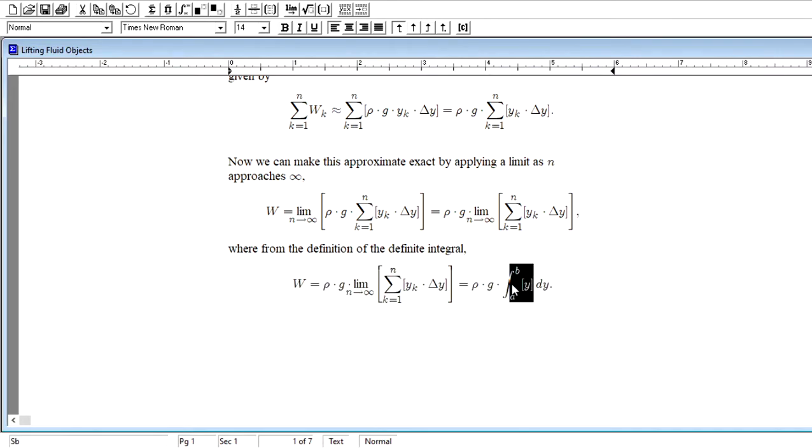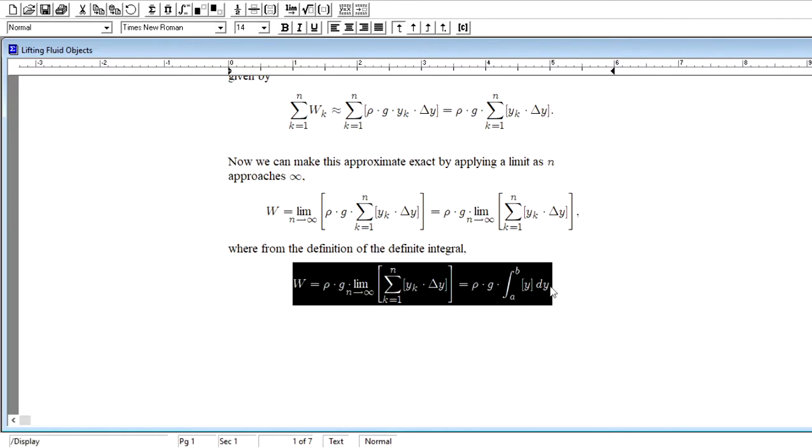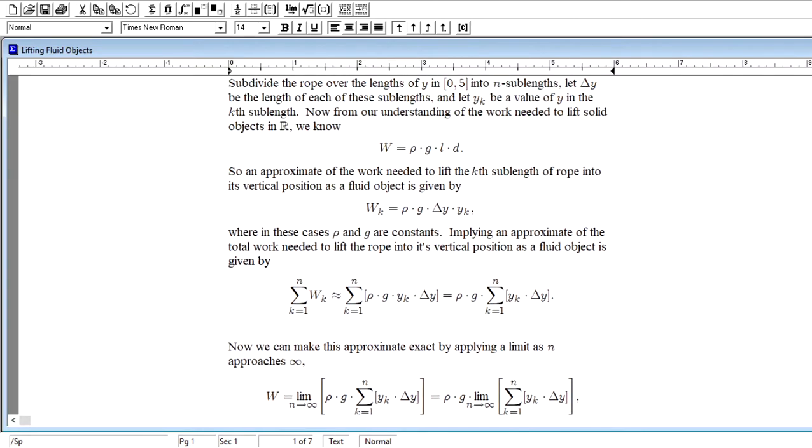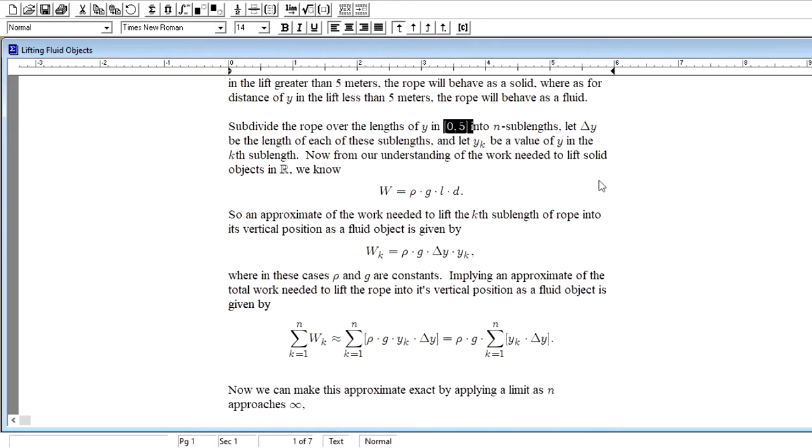We really are just going to integrate over what would be called y, the description of the distance at which each sublength has to be lifted with respect to y for every single sublength from A to B here, or from 0 to 5.